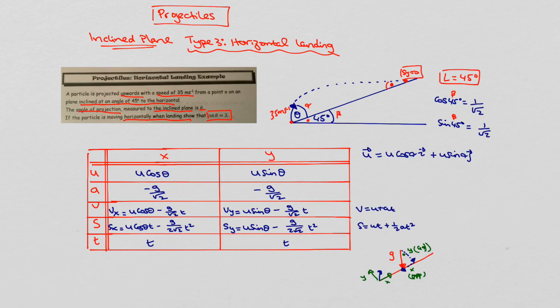What I'm going to do is get the 2 times of flights and equate them. So again, it's all personal choice, but both would give you the same answer. So you either sub in your time of flight now and then try and get your cot theta equals 3 out, or you try and get your time of flight and then equate them. Okay, so the reason I'm going to work with subbing in for L and then getting t on its own is because I know tan 45 is going to give me 1, so I know that's really nice and simple. So therefore minus Vy, well, Vy we saw was u sine theta minus g t over root 2.